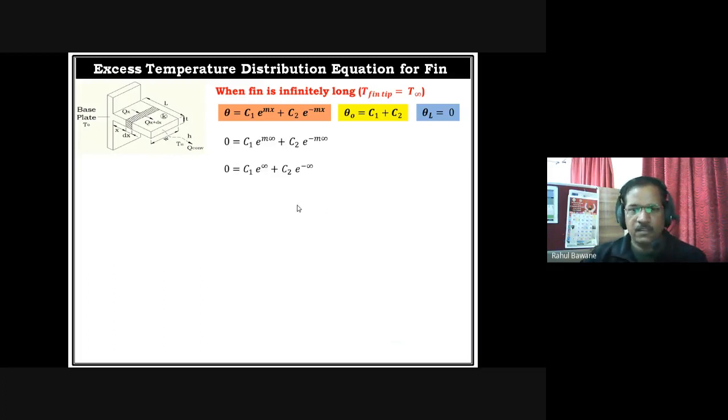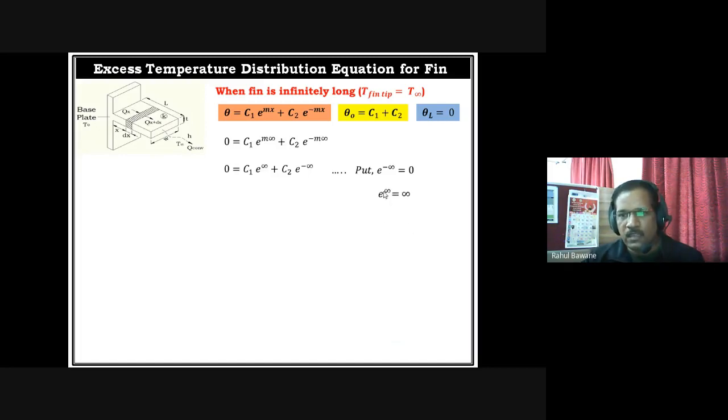Now, e raised to the power minus infinity is equal to 0, because if we go in the negative direction of infinity, we can round it up to 0. In the same fashion, e raised to the power minus infinity we consider as 0.